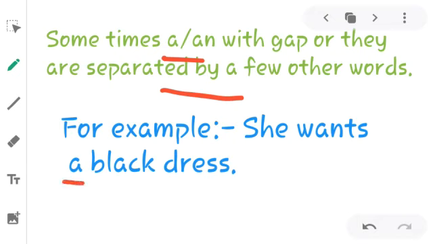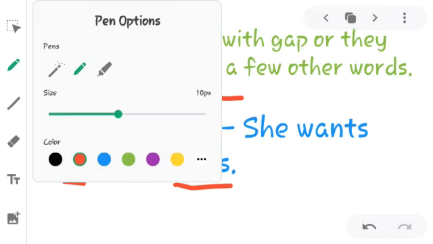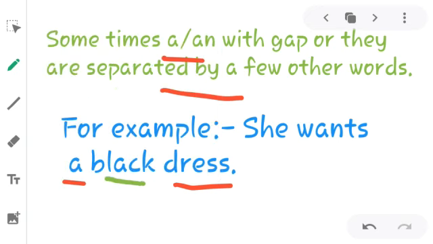So a is an article and dress is a noun, and here we have black between them. Black is an adjective because it's describing the noun. So it's not compulsory that articles always appear immediately before a noun. Sometimes a few words can come between them. Here we have black between the article and dress.